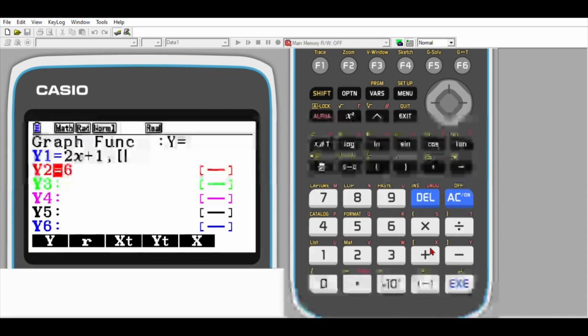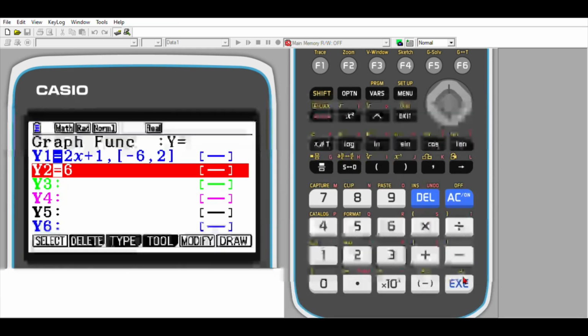So inside the bracket, we're going to write the domain where we want to draw this first function, and we want to draw this first function from at least -6, which is the first value we've drawn in the exercise, up to its limit, which is 2, right? So shift and minus to close the brackets, and that's it.